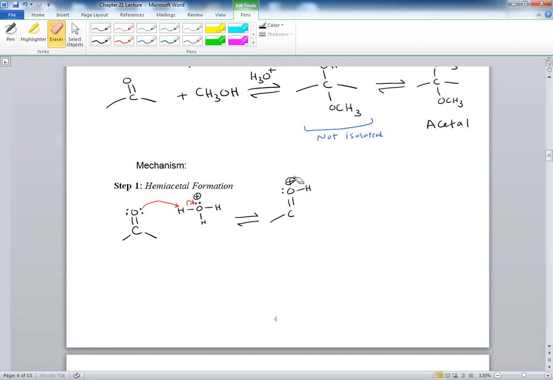Very well. So now we have the methanol attack. Since methanol is a weak nucleophile, and the carbonyl carbon is more electrophilic, the attack can take place.